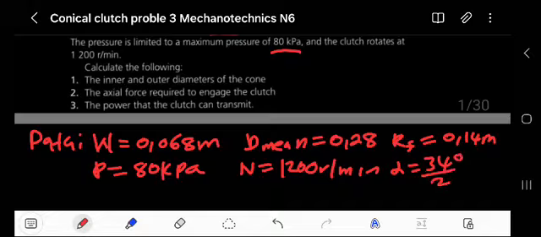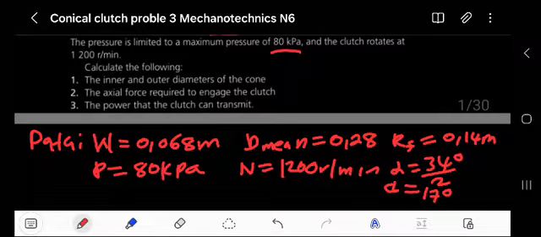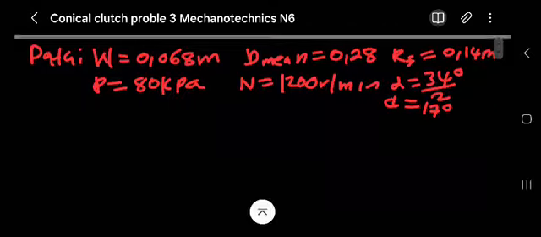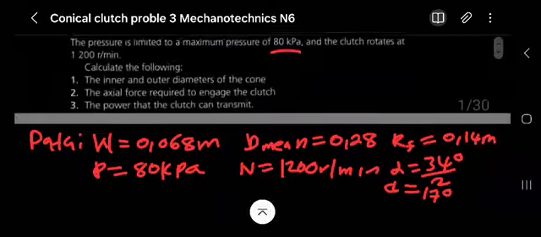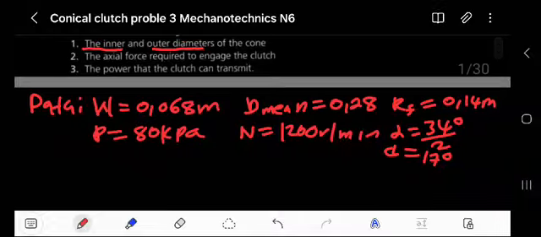Divide by 2, then you'll find your semi-groove angle to be 17 degrees, right? So this is what we have so far. Now question 1: calculate the inner and the outer diameter of the cone.